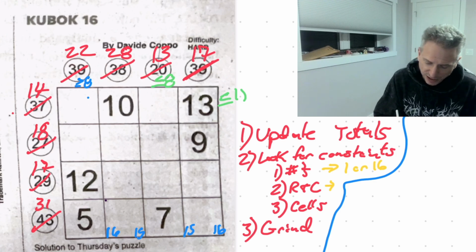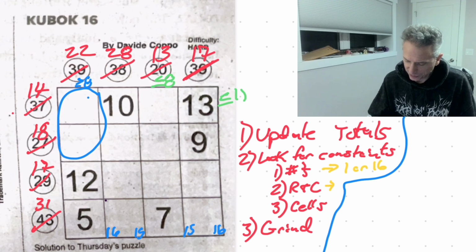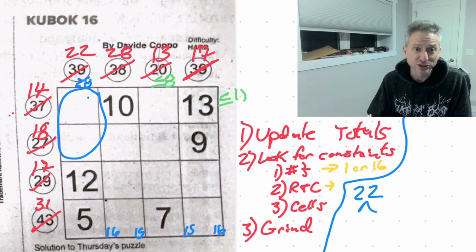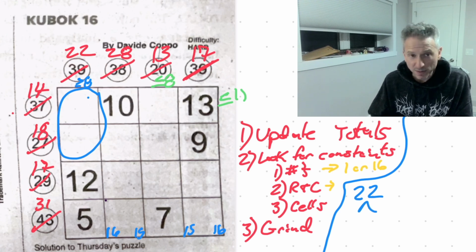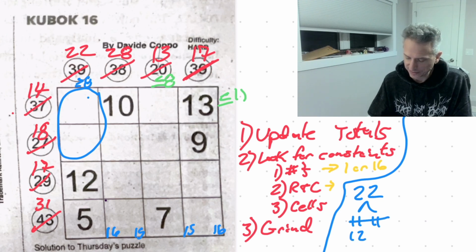I like this column. Now in column 1, I have 22, okay? How can I get 22? The way I like to do it is I like to branch it. I know that the minimum it can be is 8 and the maximum it can be is 14. So I'm going to start with this. I'm going to say 11, 11, which I know isn't valid. I'm going to say 12, 10.